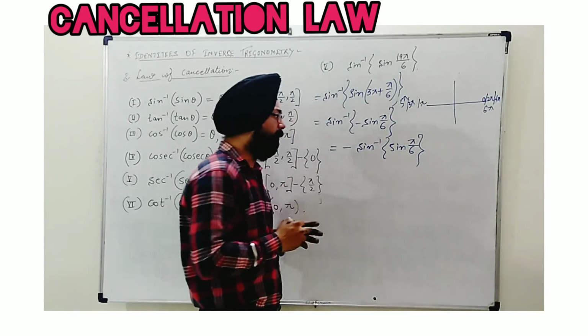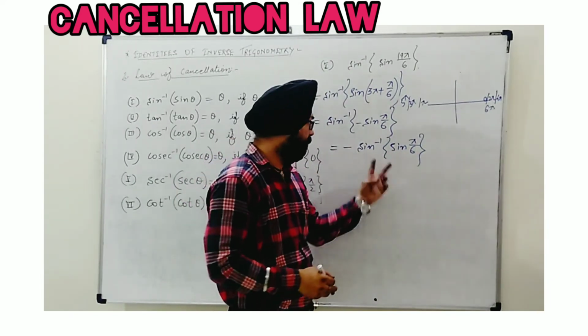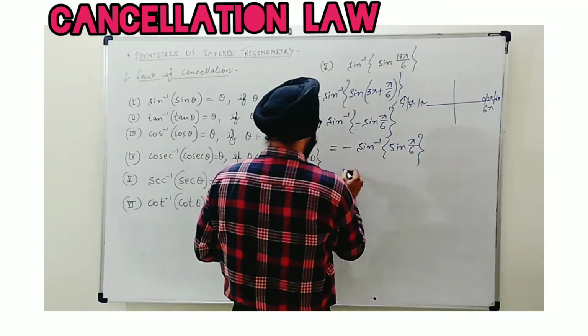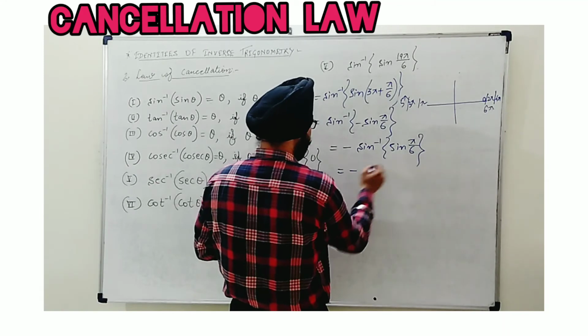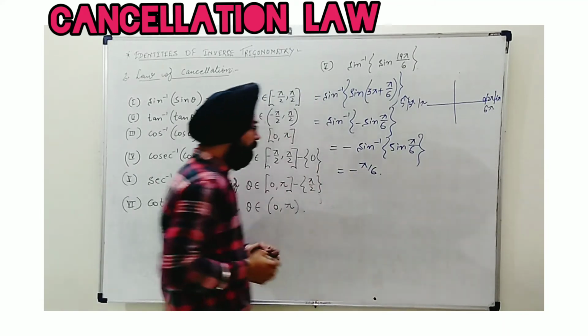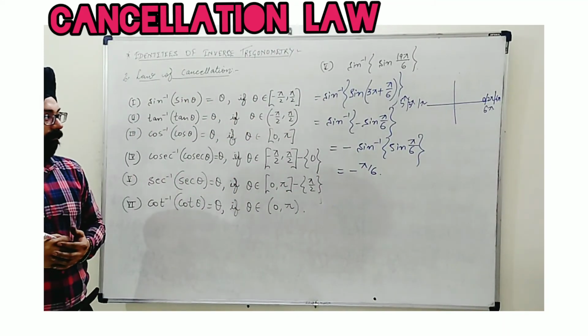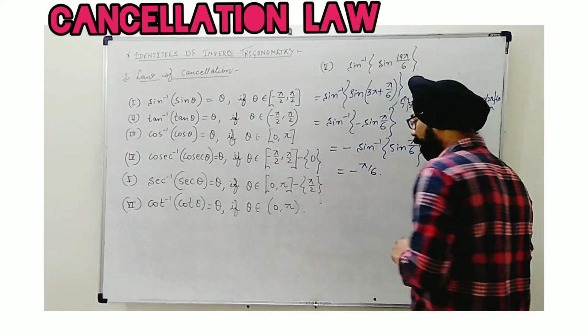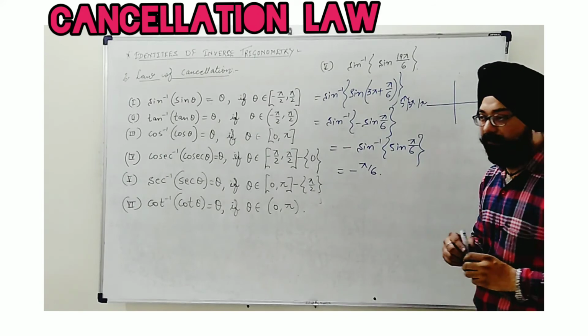Now I see that pi by 6 is a value from the first quadrant, so using the cancellation law these two can be cancelled and directly we will write minus pi by 6. This is a pattern whenever the angle is beyond 360 degree.